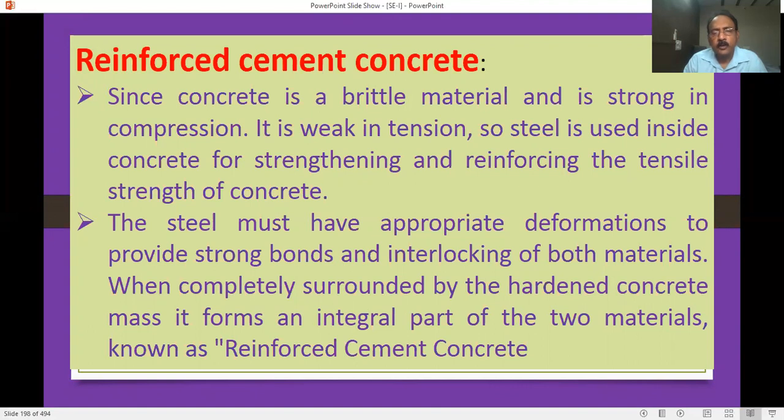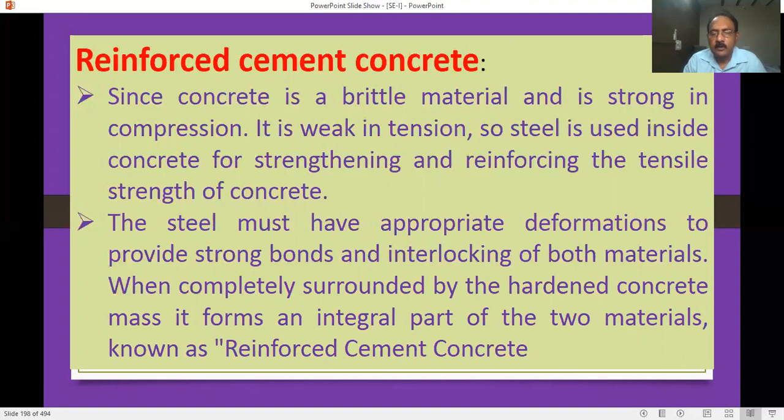Why are we going to provide steel inside the concrete? As plain cement concrete is weak in tension, steel is used inside the concrete for strengthening and reinforcing the tensile strength of concrete. This steel must have appropriate deformation to provide a strong bond and interlocking of both materials.